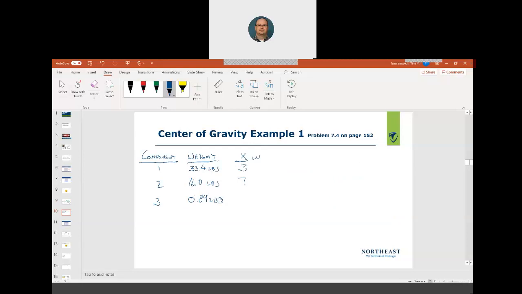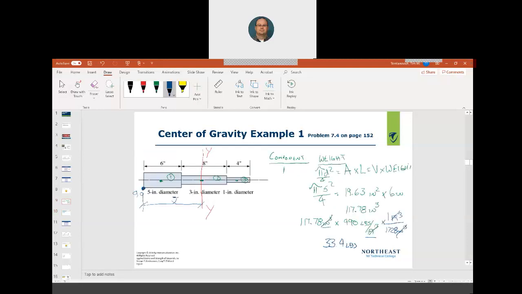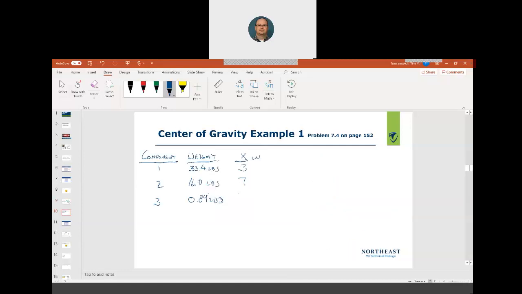And then component 3 is here. So we go 6 plus 8 is 14, plus 2, half of that, is 16 inches, all the way back from the point of origin. So 16 inches. Okay.